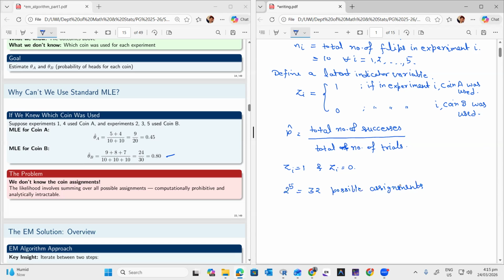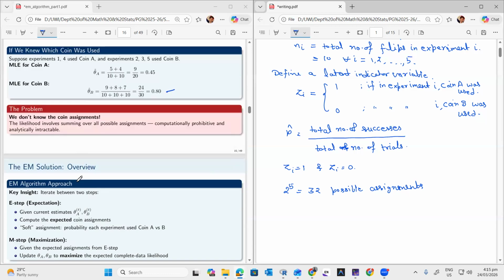Total 32 assignments of the experiments to the coins are possible here. So for a large number of experiments, the number of possible assignments will increase exponentially. All right. So direct maximization of the observed data likelihood will be computationally very difficult. So that's why we will move to the EM algorithm here.